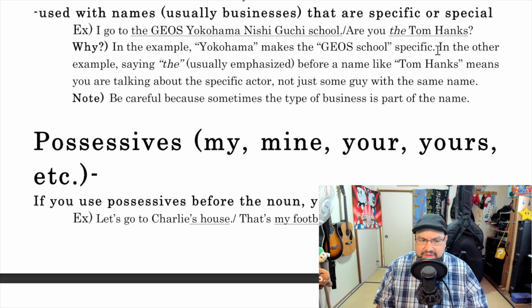People don't say that. But if you say, I went to the Tokyo Station Starbucks, that's a special one. And remember, the is for special things. So in this case, the Yokohama Nishiguchi School was one school in Yokohama. Okay, only one with this name. So it's the.